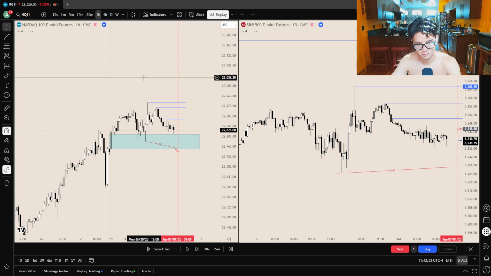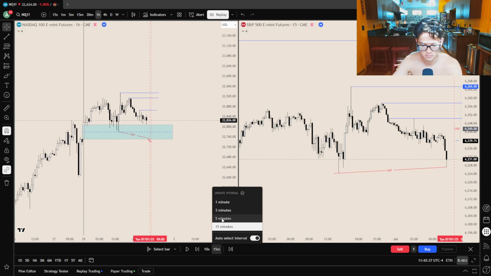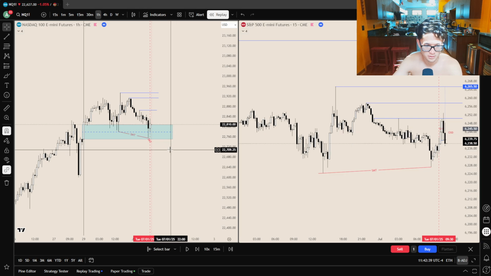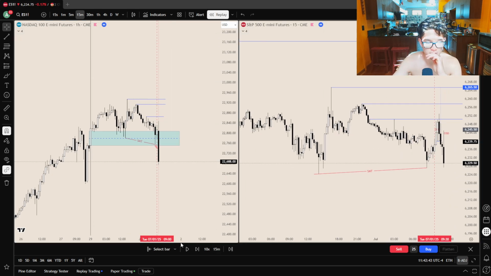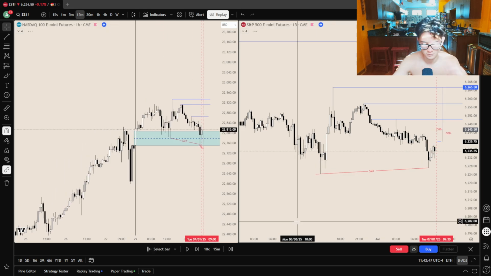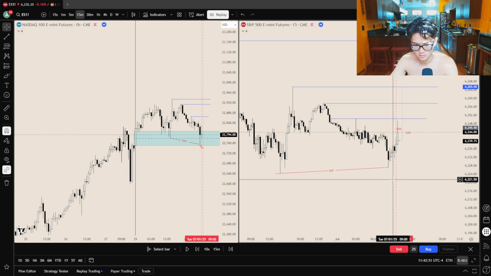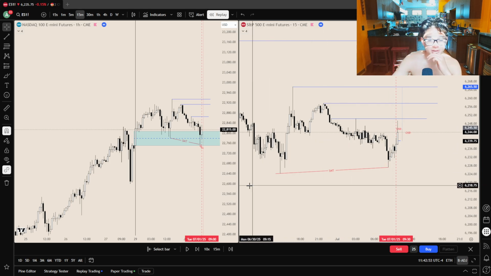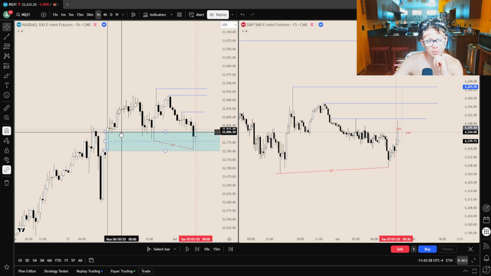Coming into the day, we had this SMT in this bullish imbalance.